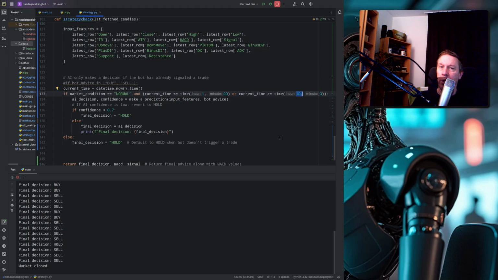So I want to make sure that even if there is a normal market during these hours, usually those hours are not the profitable ones.